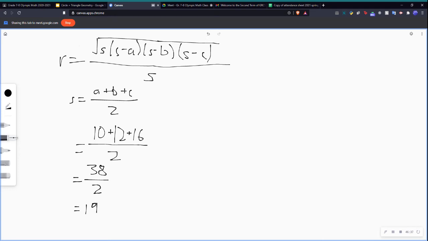All right, so now let's substitute all these values into the equation for R. So 19 times 19 minus 10, and then 19 minus 12, and then 19 minus 16. Just write all those down.